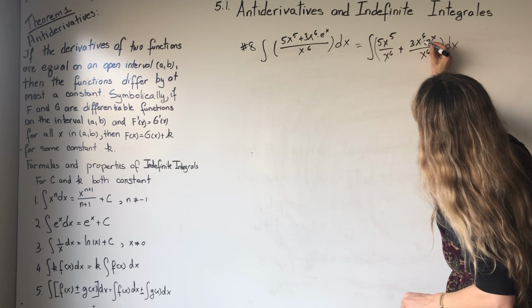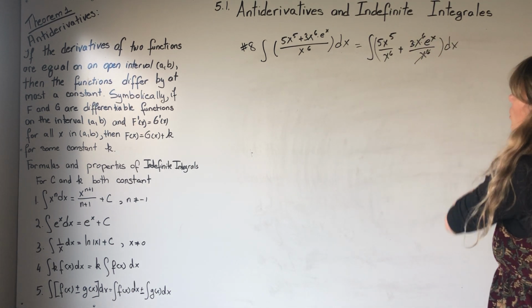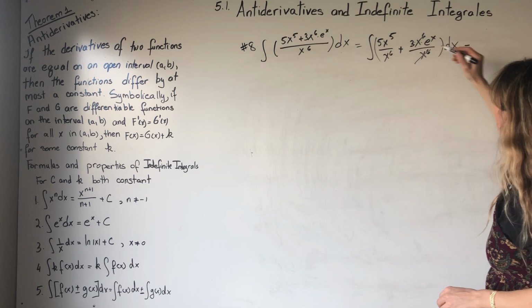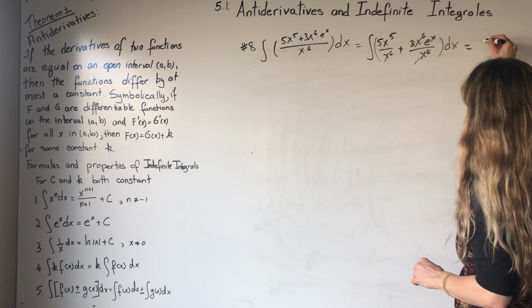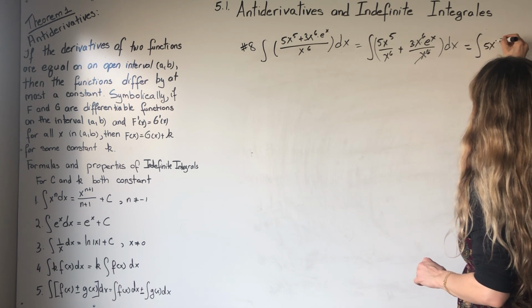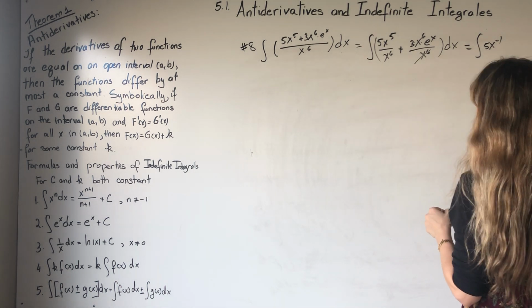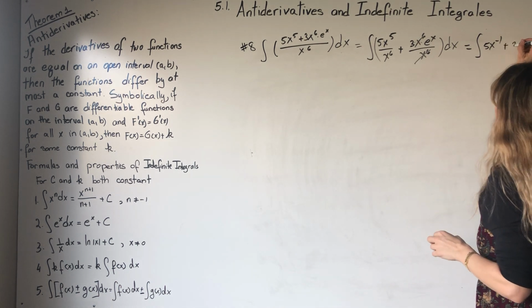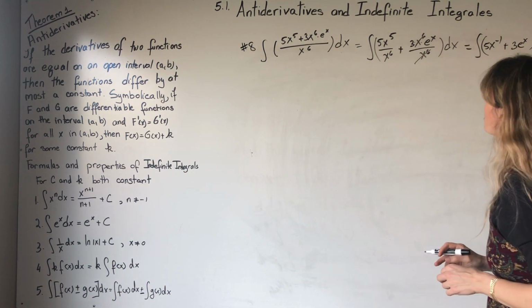You see here, it's a multiplication and I have division, so I can simplify. Now, 5x to the 5th divided by x to the 6th will be the integral of 5x to the negative 1, because 5 minus 6 is negative 1. And here I will have plus 3e to the x, dx.